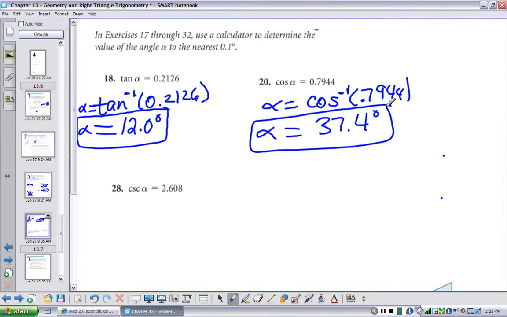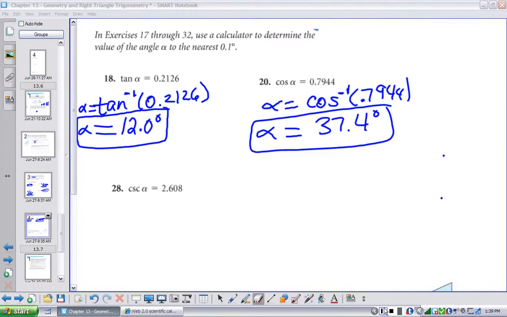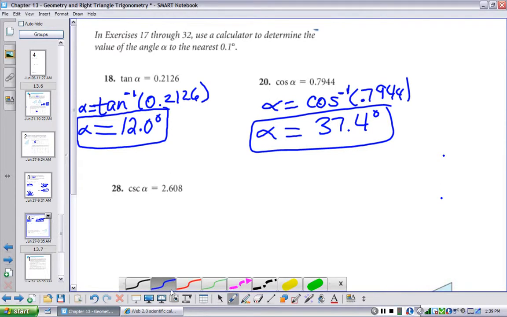And let's look at number 28. All right, we need to get this expression here in terms of one of our three basic trigonometric functions that we have on our calculator.